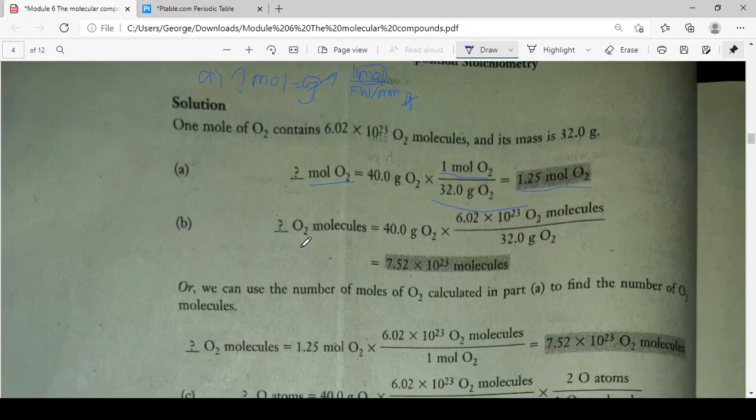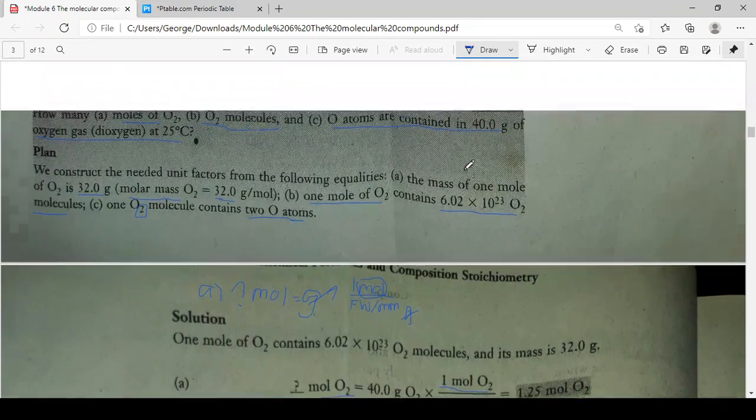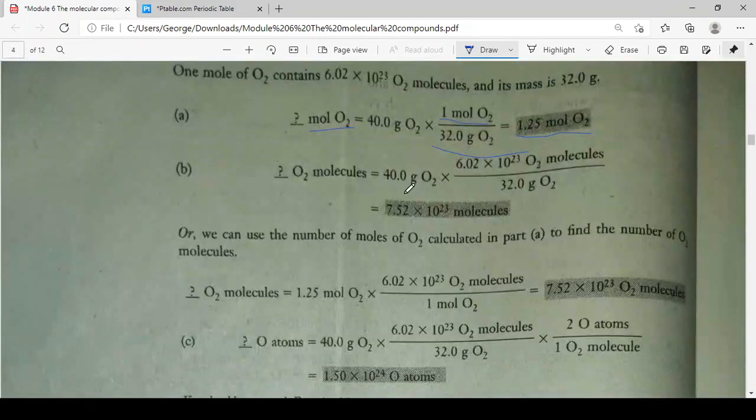Next, when we are finding your molecules, kids, what is given to us? We still have your 40 grams. But kids, if we are finding your molecules, we will use now, not moles, but your Avogadro's number. It is not 1 mole, but we are using your Avogadro's number. What is our Avogadro's number, kids? It is 6.022 times 10 raised to the power of 23 O2 molecules because it is always equal to 1 mole.